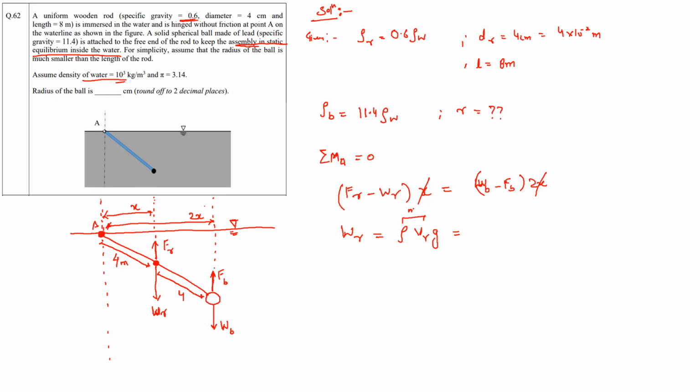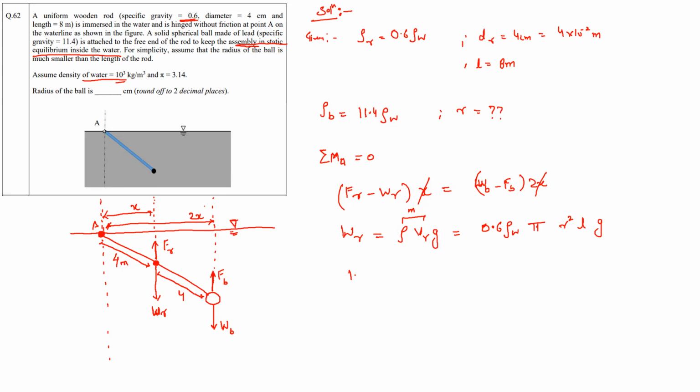This gives you the mass of the rod, and this is g, gravity. The density of the rod has been given to us as 0.6 times the density of water. Since this is a cylindrical rod, the volume will be pi r squared times L, the length of the rod, and g.